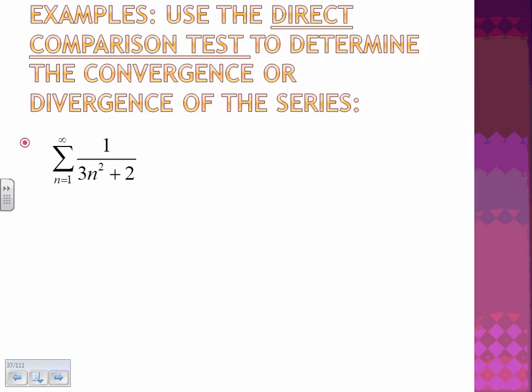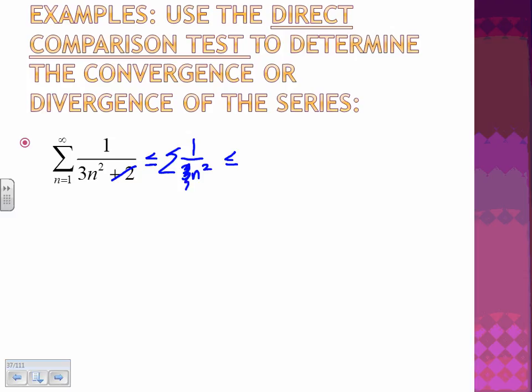All right, so let's look at this one. We want to use a direct comparison test to see if it's going to converge or diverge. So let's just first get some series and see if it works out. What's something that you could compare this to? Start with maybe leaving off that part. All right, so 1 over 3n squared, and this one is bigger or smaller? It's bigger because the denominator is smaller, right? All right, and then what's something else you could compare it with?